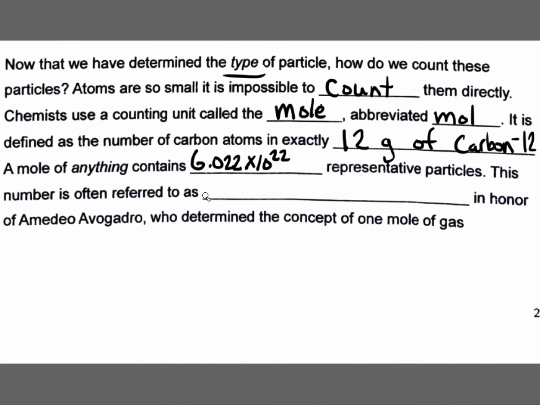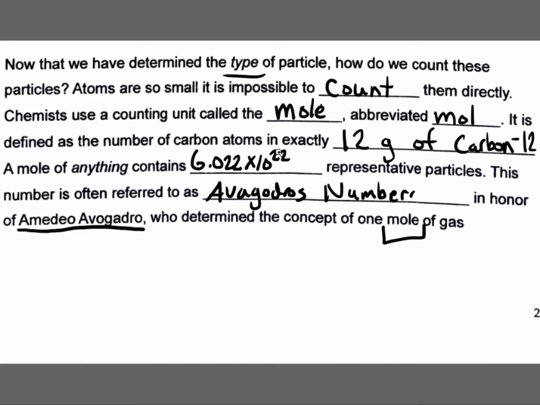This number is often referred to as Avogadro's number. It's called that in honor of the scientist Amedeo Avogadro, who determined the concept of 1 mole of a gas. So if you have a mole, you have an Avogadro's number of particles, which is this amount right here.